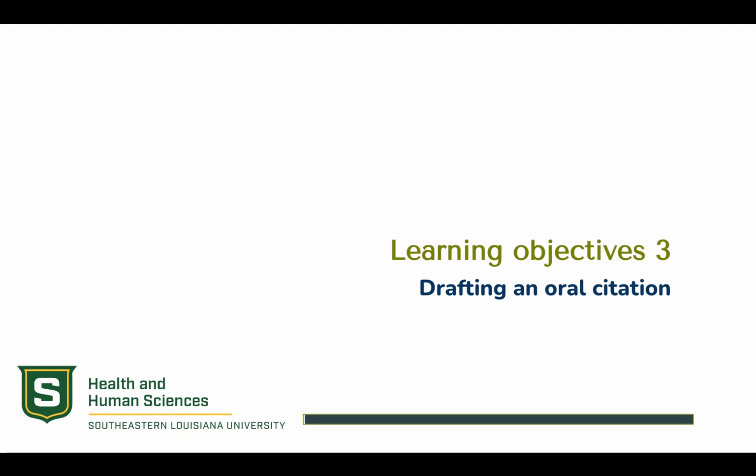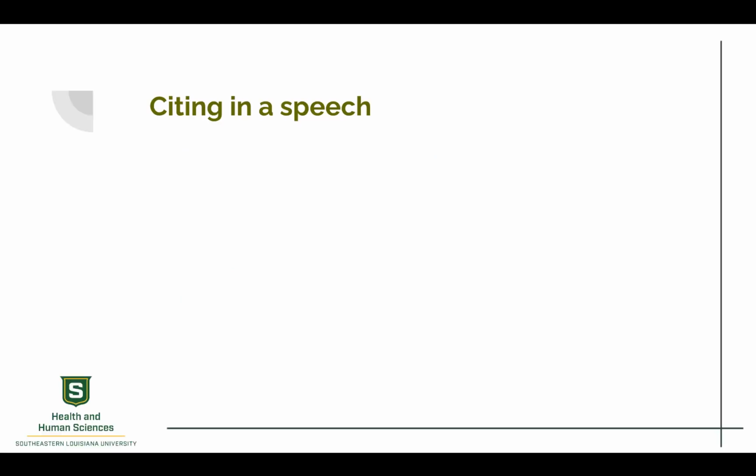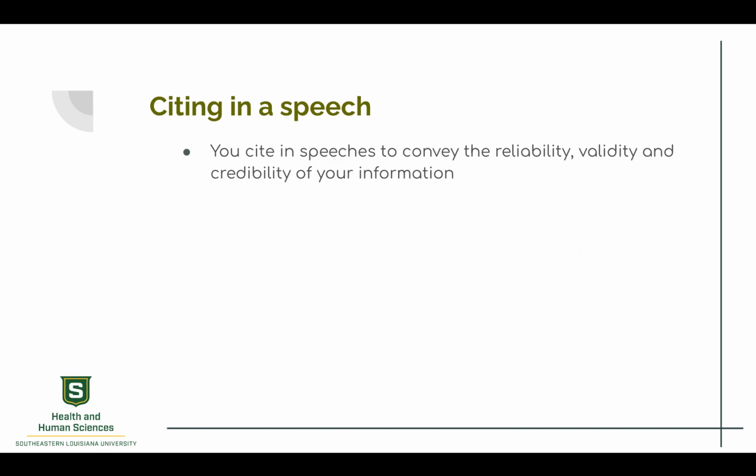So, with objective three, we are going to talk about citing in a speech. When you're citing in a speech, your intention is to convey that the information you have is reliable, valid, and credible, right?